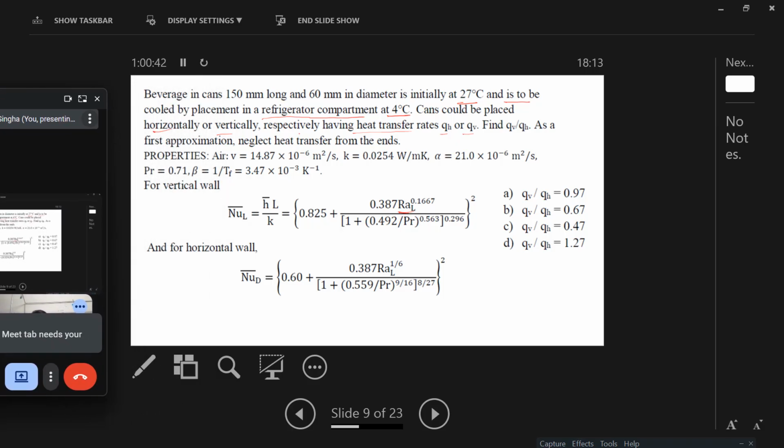Now find the ratio between these two, QV by QH. As a first approximation, neglect heat transfer from the ends.